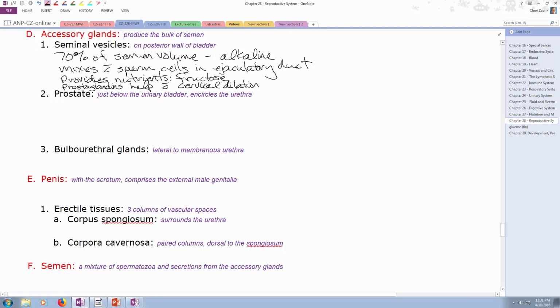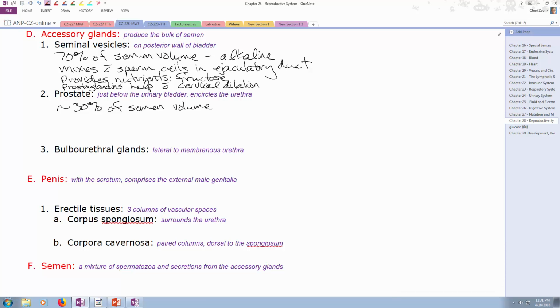Now the prostate, we know, is just below the urinary bladder and encloses the prostatic urethra and makes up about 30% of semen volume. So the bulk of semen volume is actually from these two glands: 70% from seminal vesicles and almost 30% from the prostate gland.